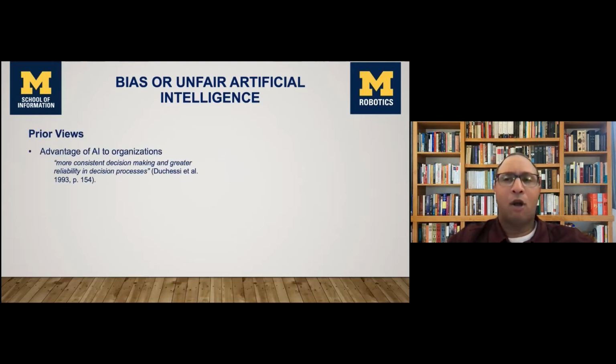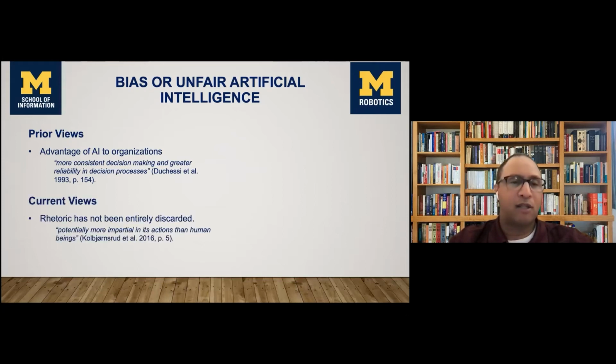it was thought that AI would remove the bias, right? We thought humans were the source of bias, and artificial intelligence was going to come in there and clean house and remove the bias, right? Even in 1993, we thought the advantage of AI was that it could make consistent decisions, with greater reliability in the decision process.